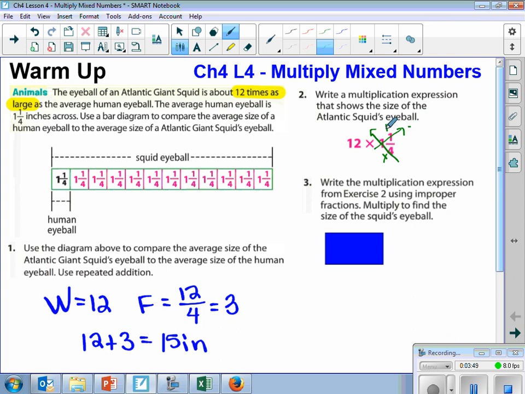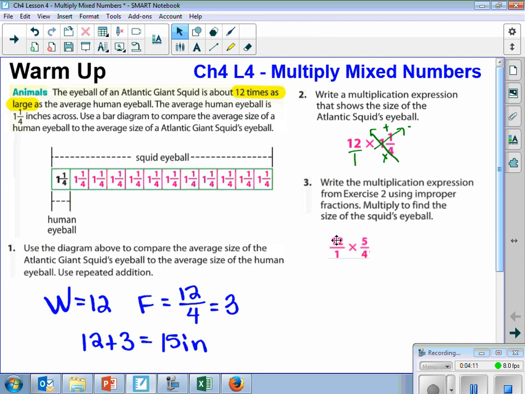Plus 1. And what can I do with this 12? I can put it over 1. Very good. So down here, I've got 12 over 1 times, what's my improper fraction going to be? 5 fourths. Very good. So we have 12 over 1 times 5 fourths.